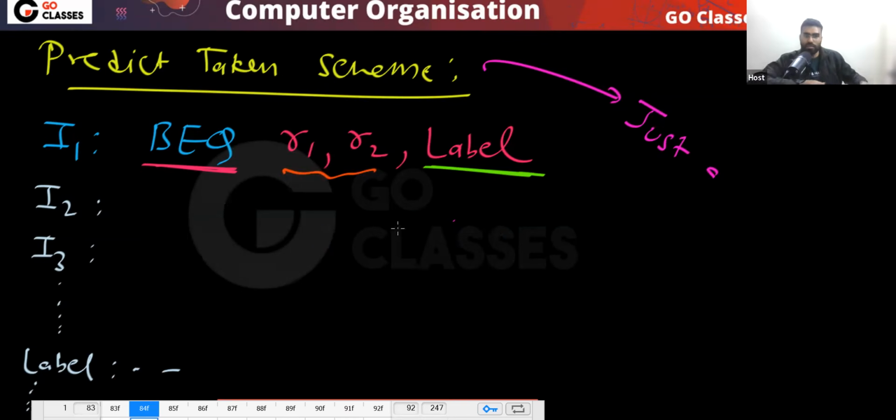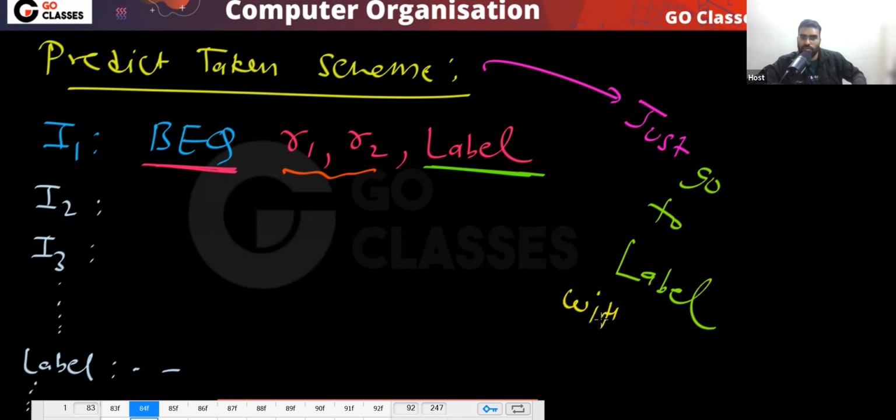So what I'm saying is, just go to the label without checking whether R1 equals R2. Are you getting my point?